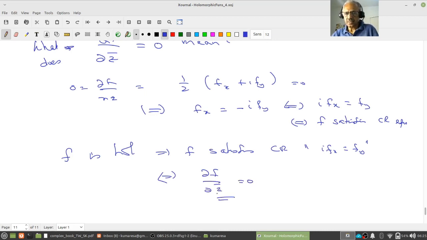Now I have a function f which is a function of two variables z and z bar, and the partial derivative of f with respect to z bar is 0. What is the intuition? The intuition is f must be independent of the z bar variable. Only z variable should appear.